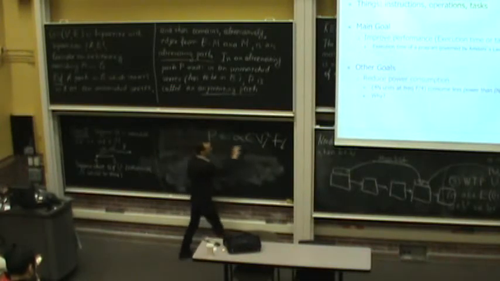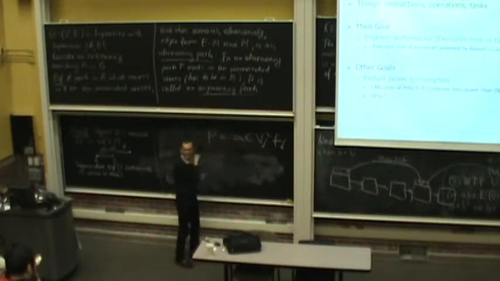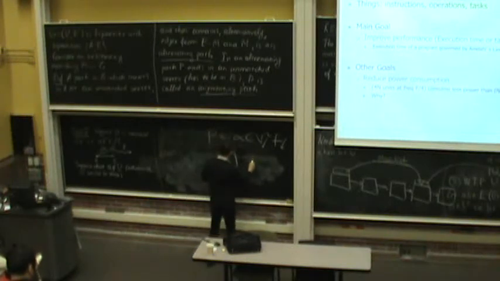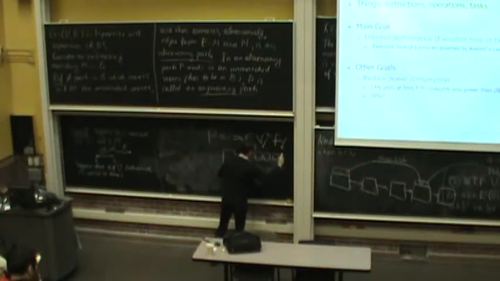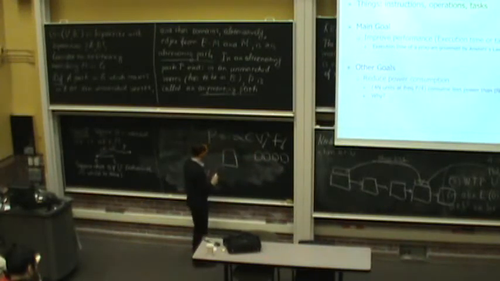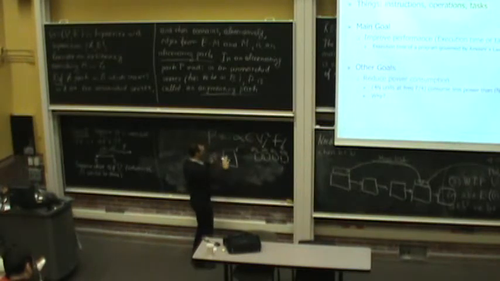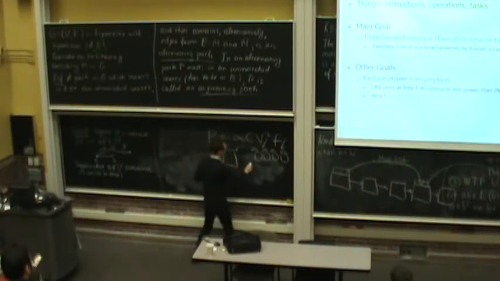There's a cubic relationship between frequency and power. So instead of designing one processor, you can have 4 wimpy processors. This runs at F. Each of these runs at F divided by 4. And you parallelize your program perfectly.